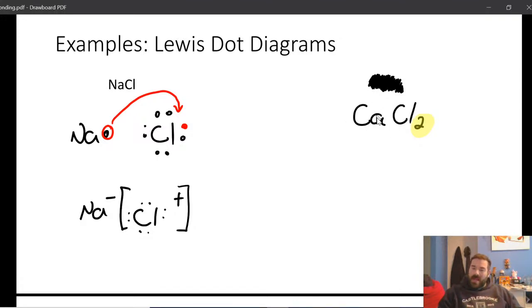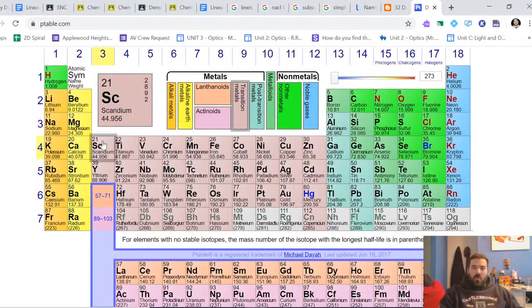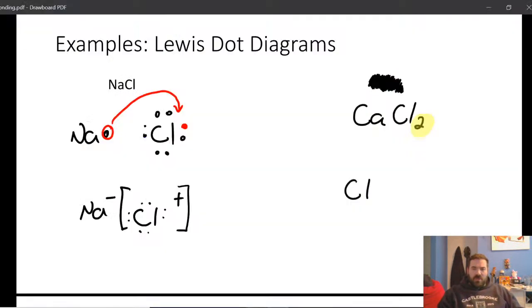So for every 1 calcium, there's 2 chloride ions. So I'm going to draw our chloride ions here, and I need to draw 2 of them. Now, normally chlorine would have 1, 2, 3, 4, 5, 6, 7 outer electrons in this valence shell, and then calcium has 2. So calcium wants to lose 2, and chlorine wants to gain 1.